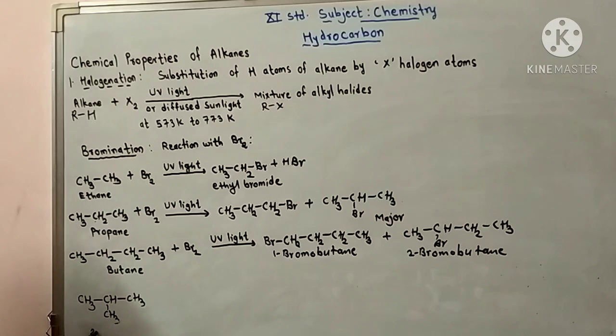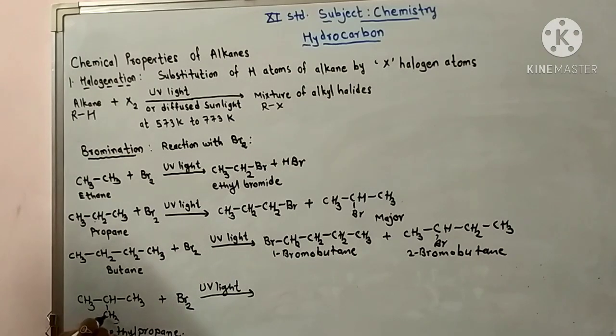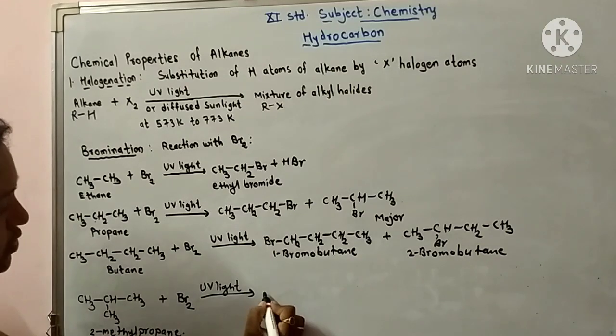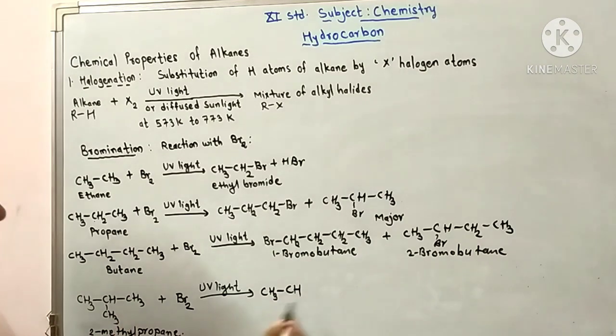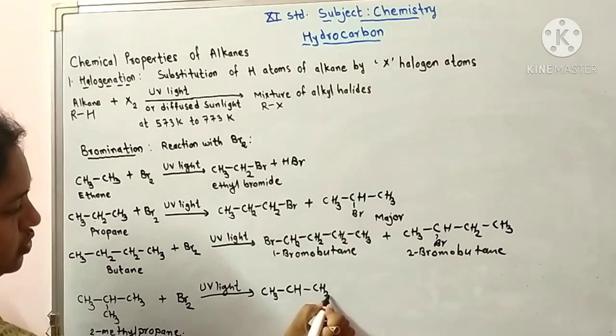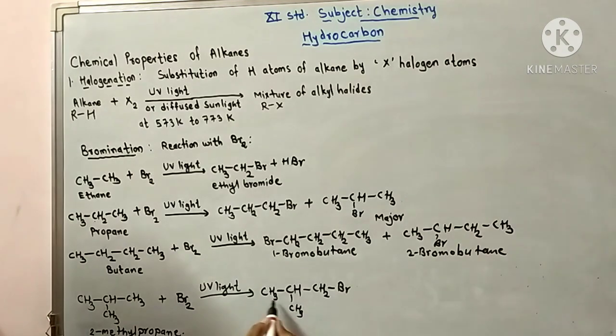Let's see the IUPAC name, 2-methylpropane. 2-methylpropane on reaction with bromine Br2 in the presence of ultraviolet light also gives a mixture of products. If a hydrogen is replaced from a terminal carbon, we get CH3CHCH2Br with this isostructure.